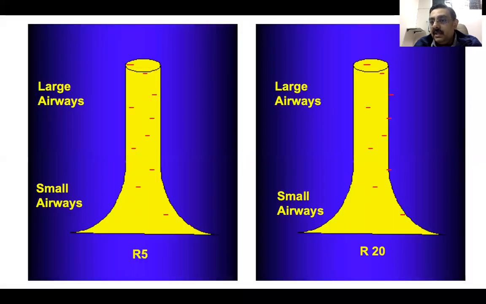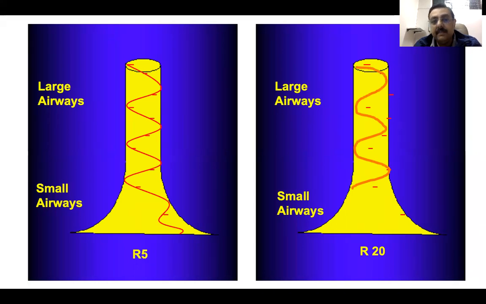Now, the principle of this oscillometry is that the sound waves which are produced by the loudspeaker go into the respiratory system of the child, and depending on the frequency of the sound waves, they would traverse to a distance, right? So for frequencies, classically 5 hertz to 40 hertz is what is done.